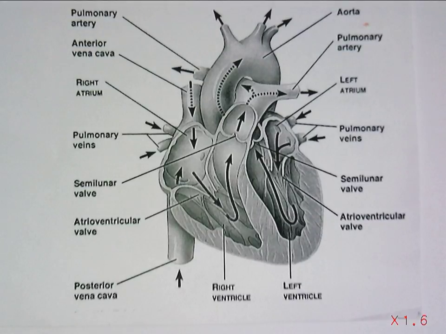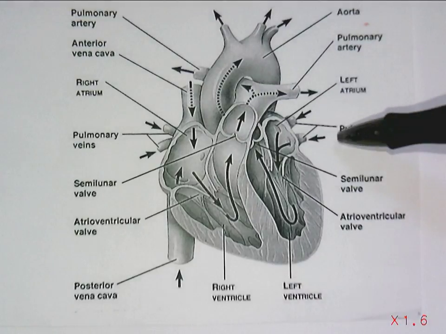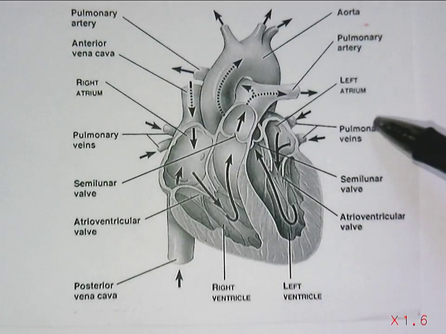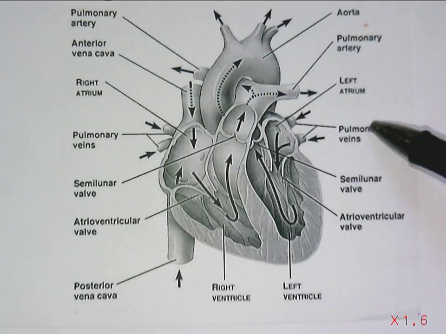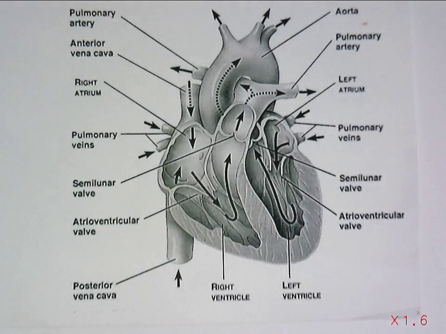So there can be a gas exchange, so that the blood exchanges the oxygen for the CO2 in the lungs, and then coming back from the lungs, you have that oxygenated blood coming into the pulmonary veins. So that's coming back from the lungs into the heart there in the pulmonary veins.